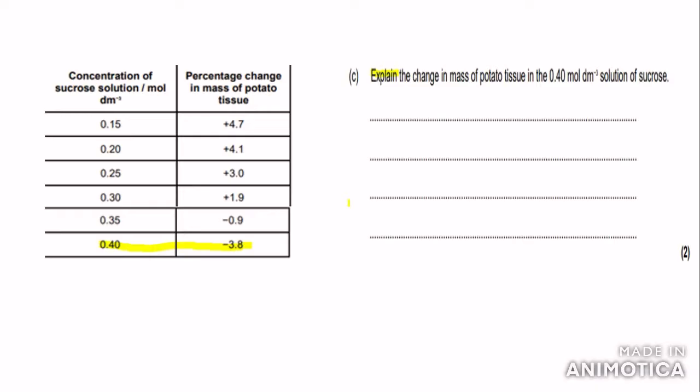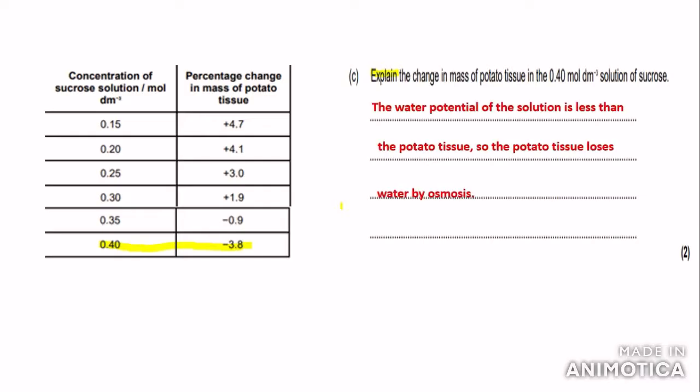This signifies that water has moved out of the potato tissue by osmosis, signifying that the potato tissue had a higher water potential than the solution. So we can put the water potential of the solution is less than the potato tissue, so the potato tissue loses water by osmosis. Or you can put the water potential of the potato is more than the solution.